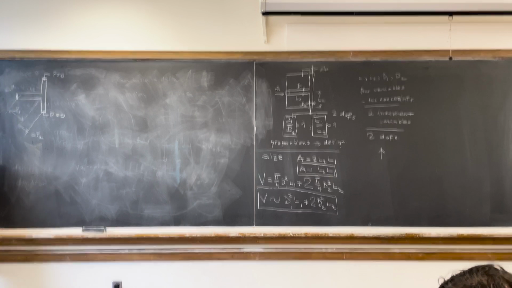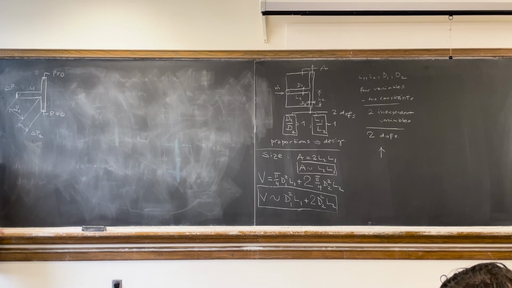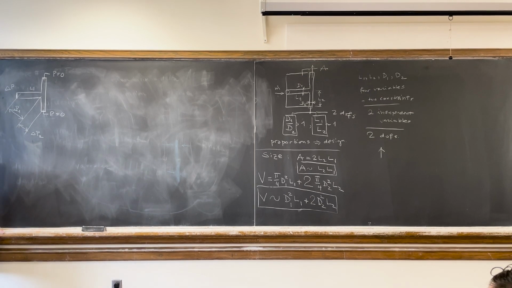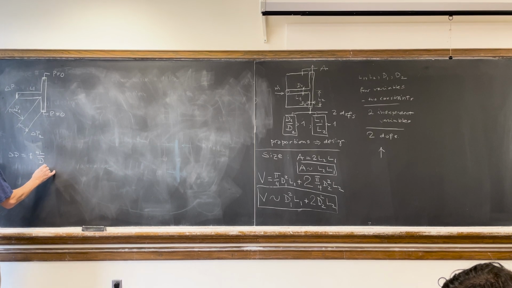And the size of the delta P, you can regenerate this formula easily if you remember only one, which is the delta P in general is equal to the friction factor, 4L over D, where D is the hydraulic diameter, times 1/2 rho U squared.